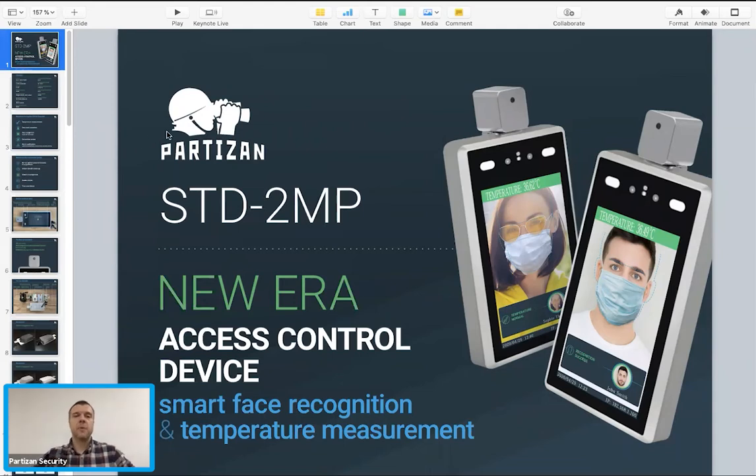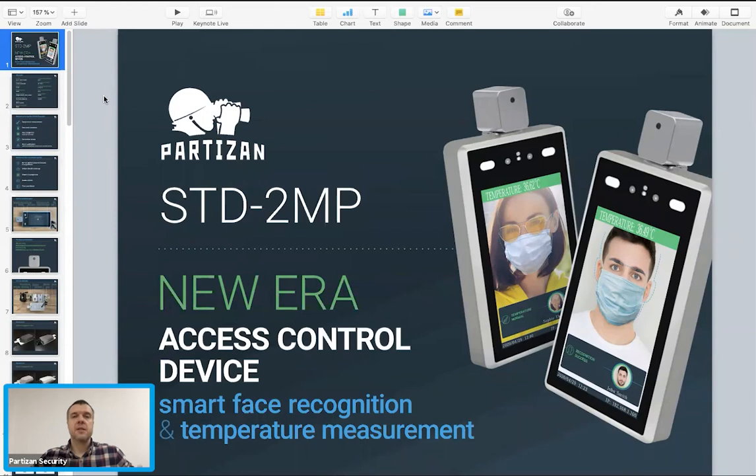Today's topic is the STD-2MP device, which is the new era of access control because it's touchless and has additional health checking functions like temperature scanning. It can be implemented in existing systems, or be a standalone solution for some places, and it has loads of functions and advantages compared to classic access control.